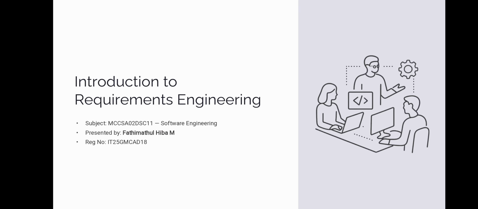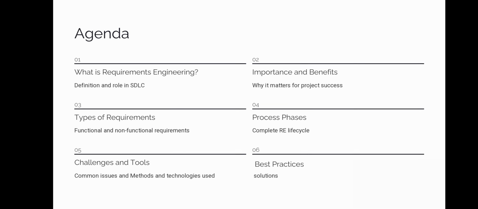This is a fundamental topic in our software engineering course, focusing on how we define exactly what a system needs to do before we start building it. In this session, we will cover the definition of requirements engineering, its benefits, and the different types of requirements.